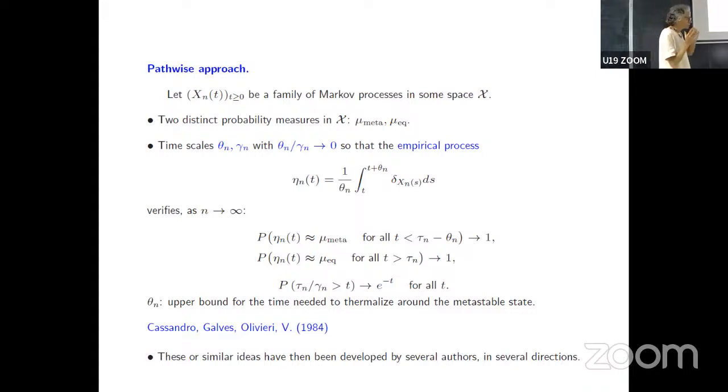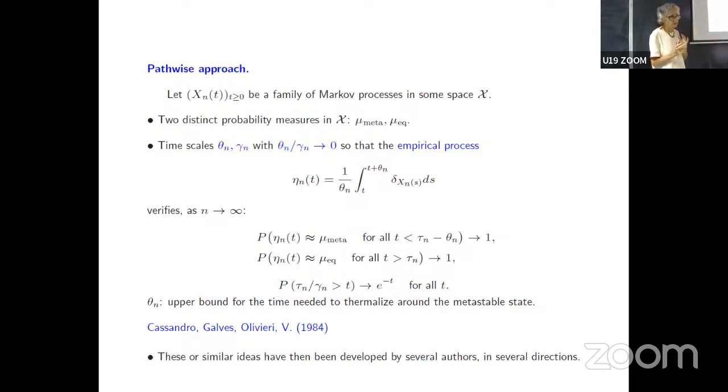In order to make this rigorous, that I'm saying thermalization is much smaller than the lifetime, I take my system with a parameter. This parameter might represent a restriction or some very small scale. So just to formulate it as a limit theorem.